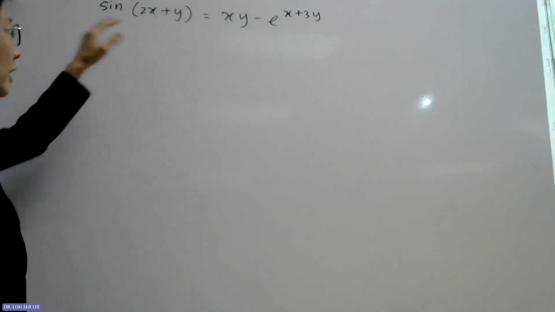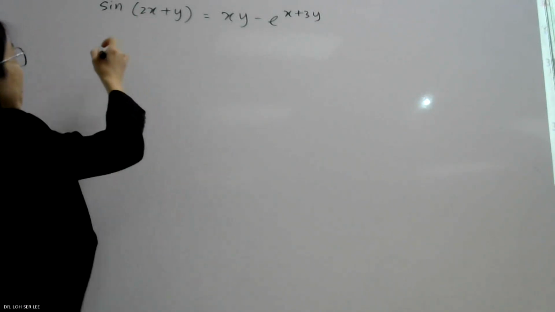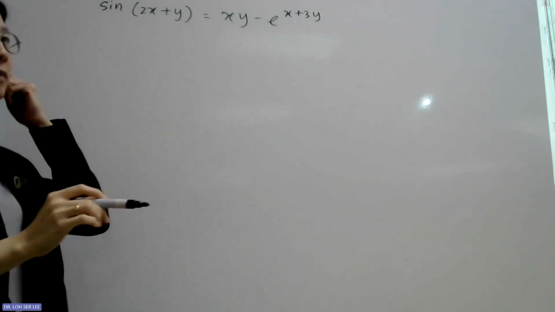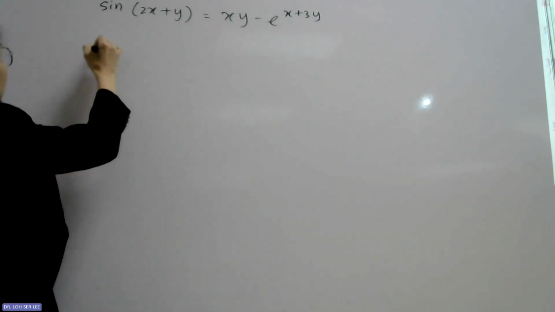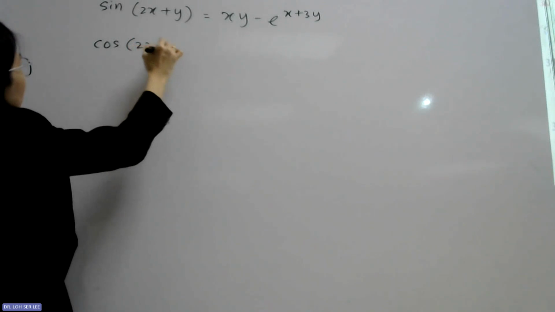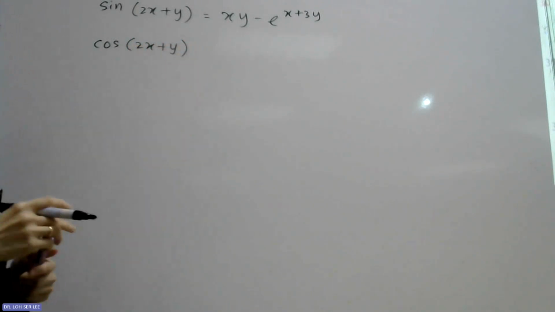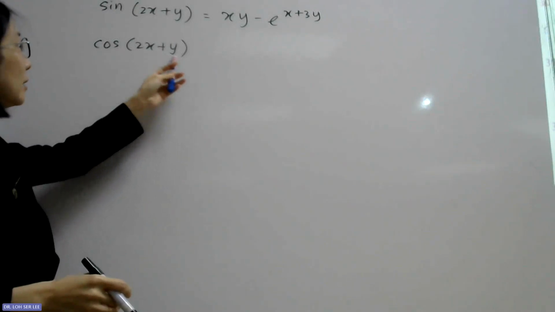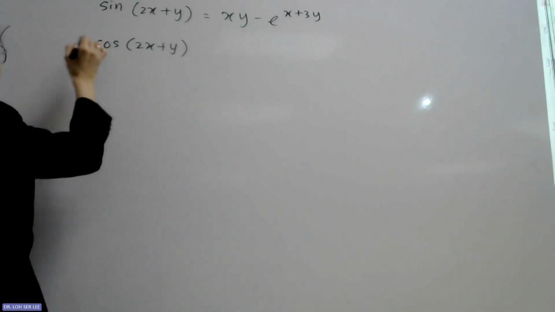Okay, so we solve this in one line. Now differentiate sine function. We get a cosine with the same angle, and then we differentiate the function of the angle, and we put it here.